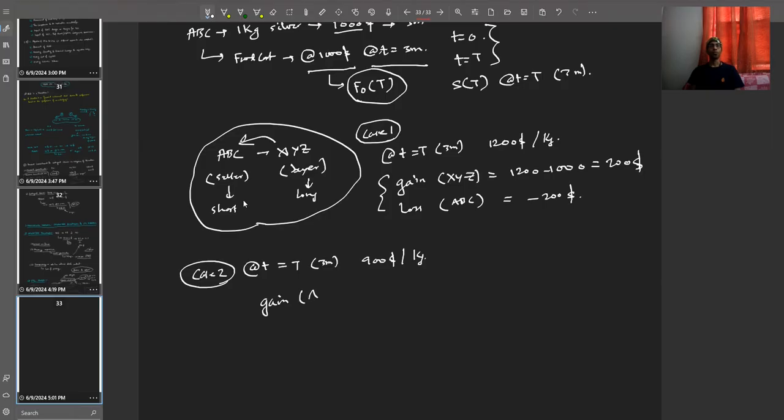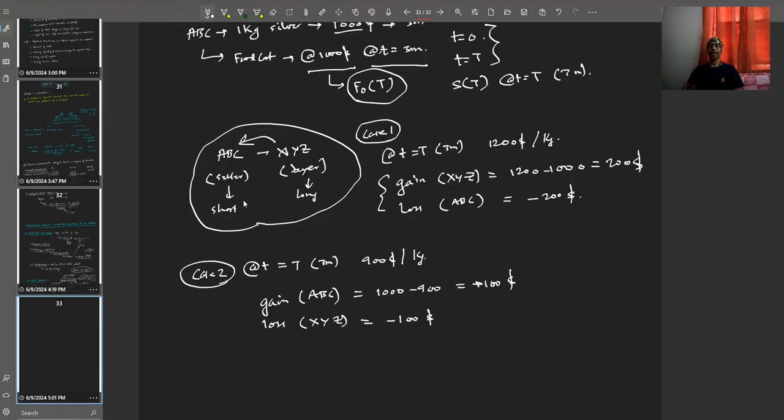The gain to the seller, ABC, is equal to 1000 minus 900, or $100, and the loss to the buyer XYZ is equal to minus $100.